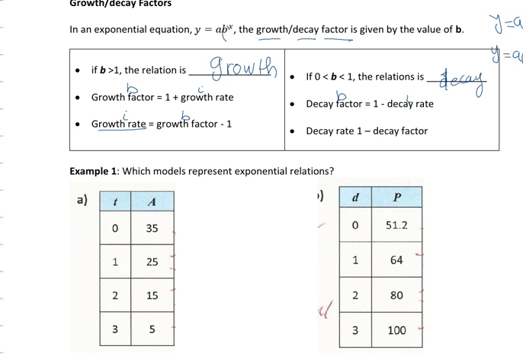So let's say, if you remember, your car is decaying by 10%, right? Then you have to do 1 minus 0.1 to get your decay factor. You guys remember that? Okay? If the question is asking you to find your decay rate, i is equal to 1 minus your decay factor, which is b.